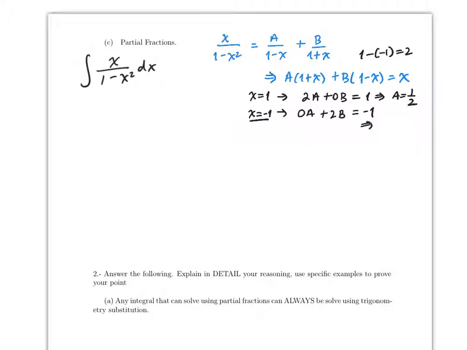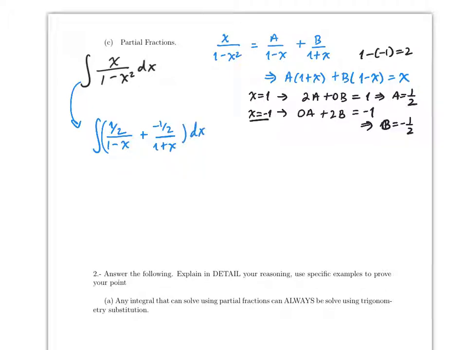So that implies that b is equal to 1/2. So then this is the same thing as integrating 1/2 over 1 minus x plus 1/2 over 1 plus x dx.